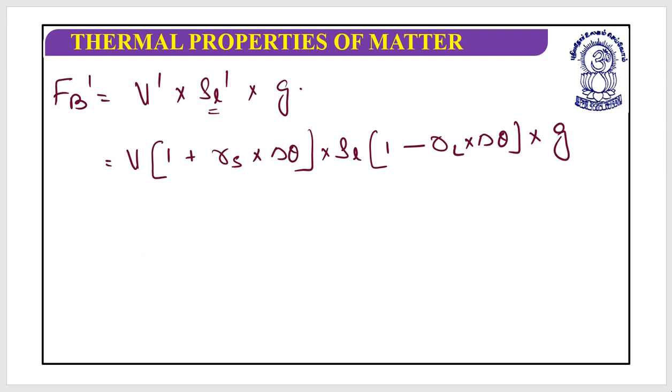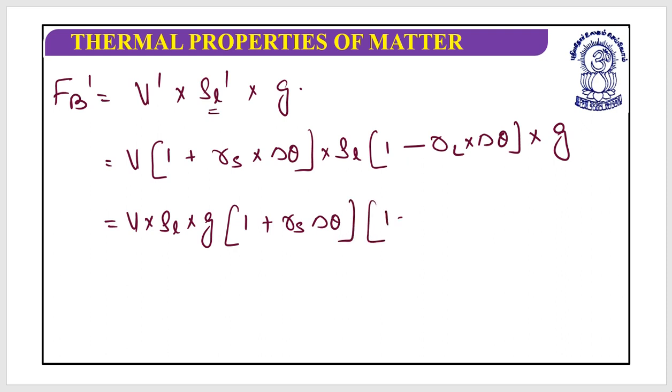This is Fb dash. So if I solve this a little, this could be written as V into density of liquid into g multiplied by 1 plus gamma of solid into delta theta into bracket 1 minus gamma of liquid into delta theta. Look at this.